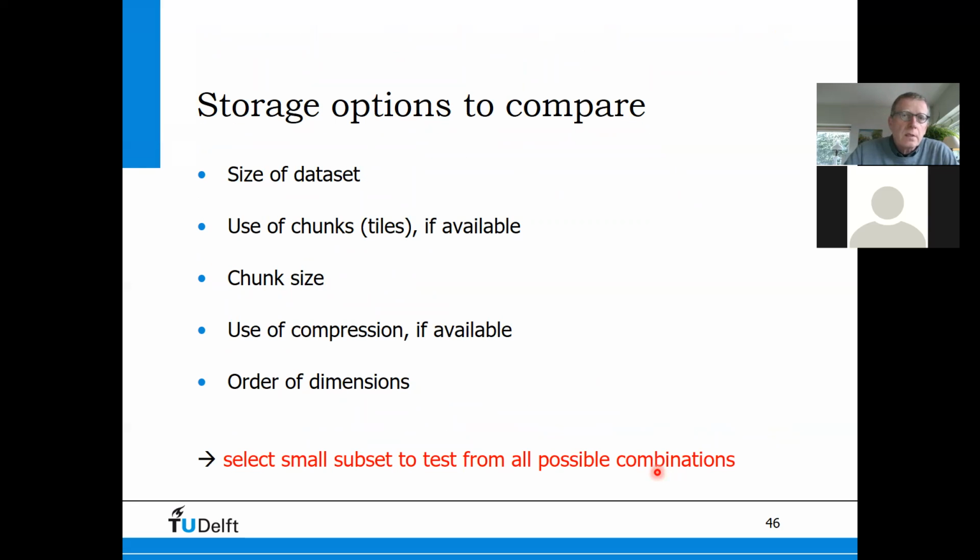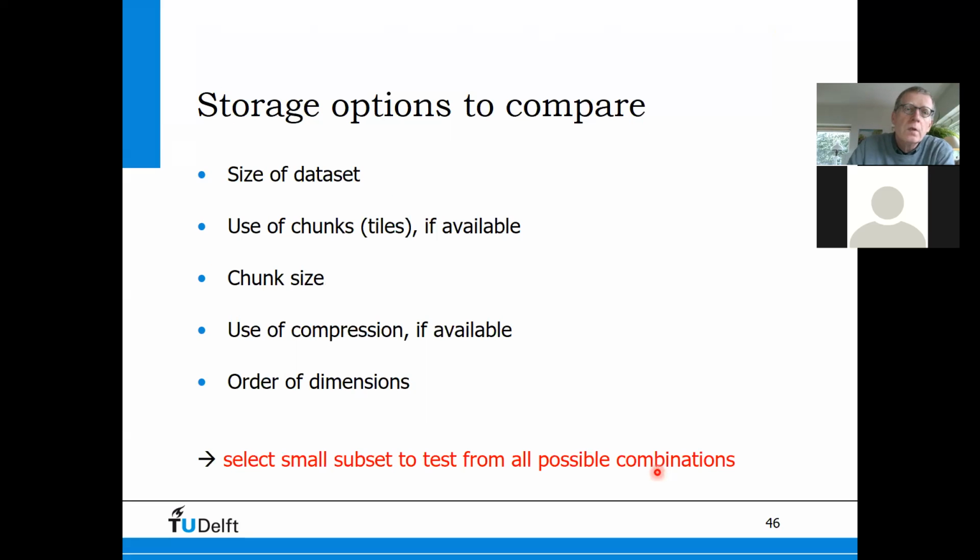So there are many things that have to be considered. The data set size, the chunks, how big do you make them, the tiles, 100 by 100, 50 by 50, 500 by 500. At least if you can influence it in the storage format, because that was one of the problems: that was not possible in NetCDF.